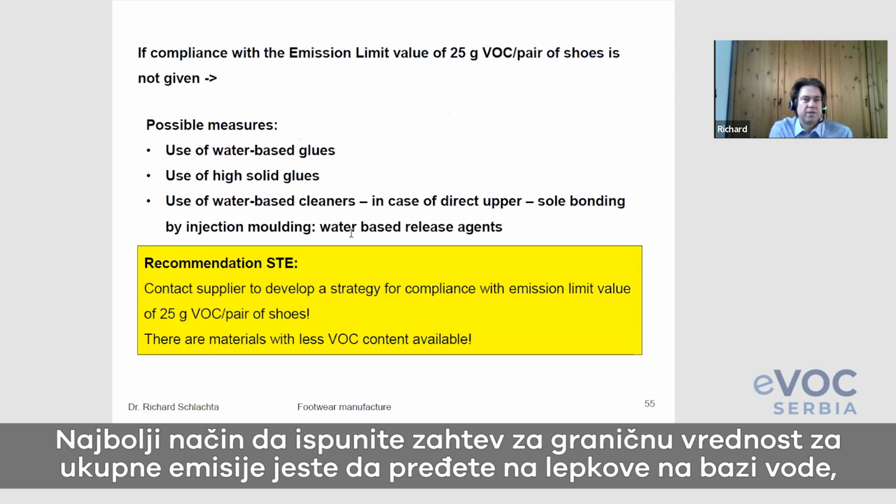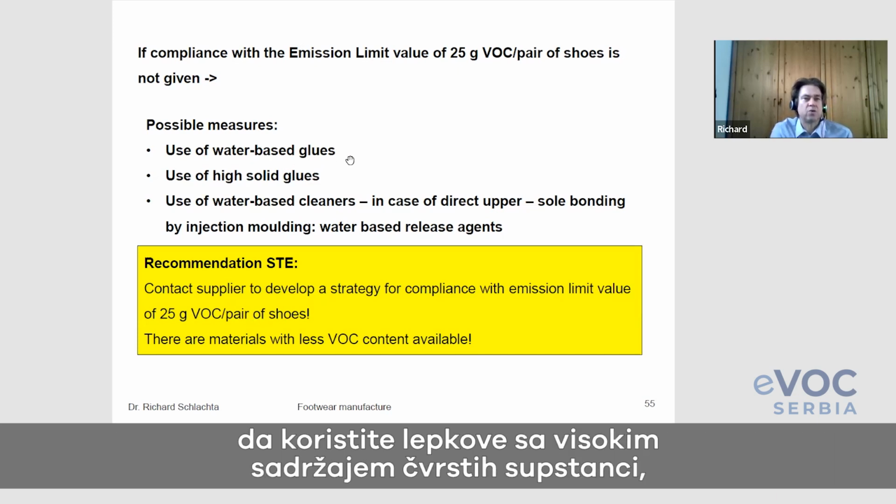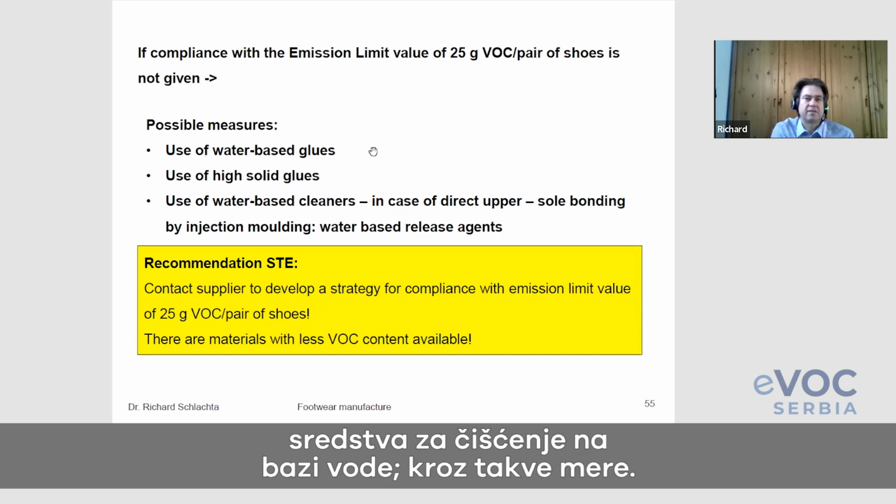So the best way to comply with this complete emission limit value is to change to water-based glues, use high solid glues, use water-based cleaners, you see, just to work on primary measures.